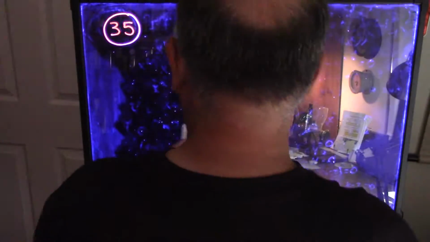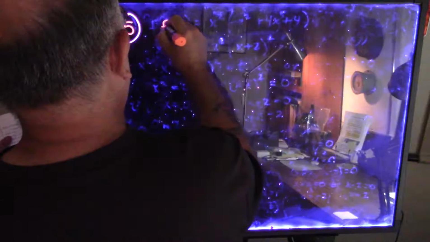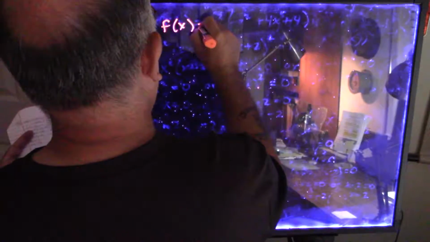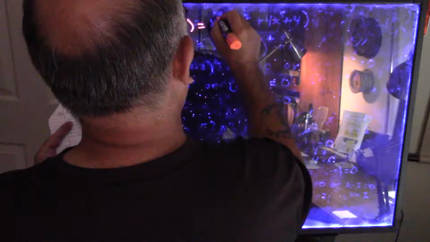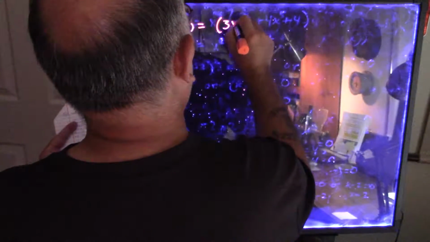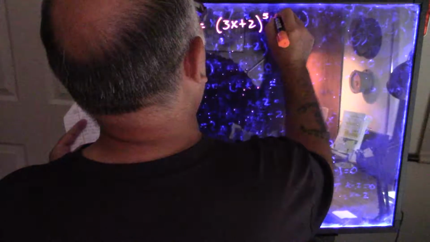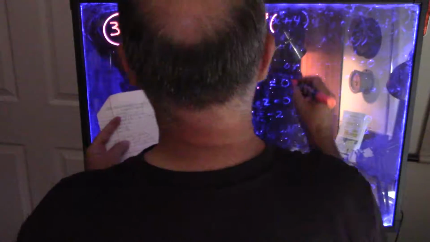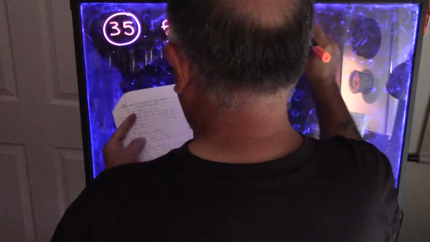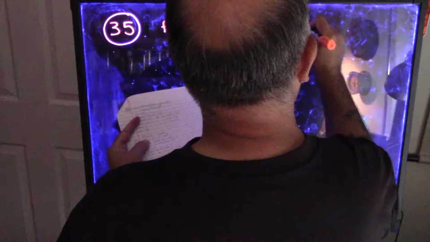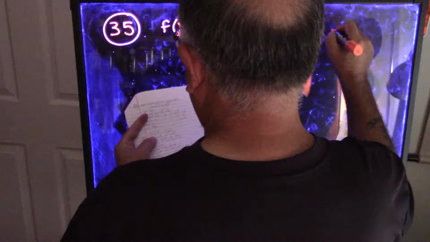Number 35. We have f of x equal to 3x plus 2, the quantity, raised to the 5th power, times the quantity x squared minus 10x plus 25.